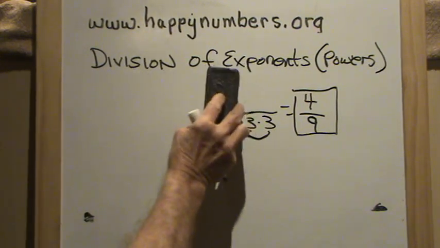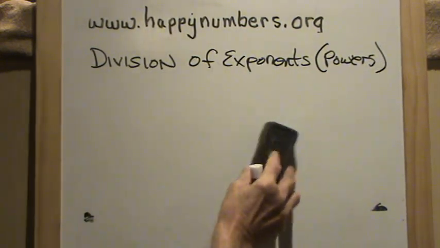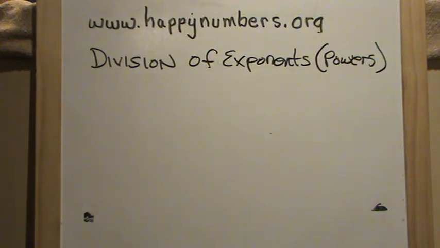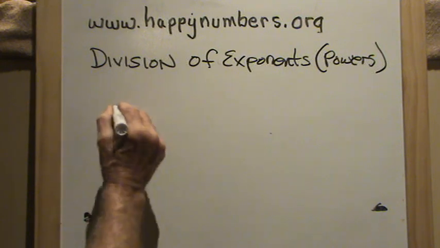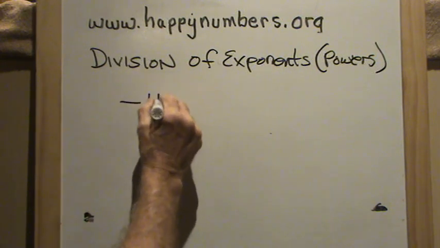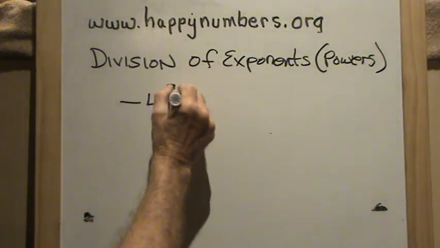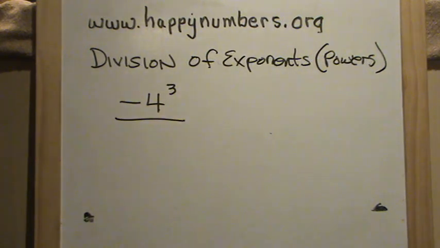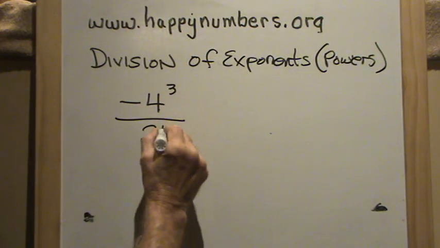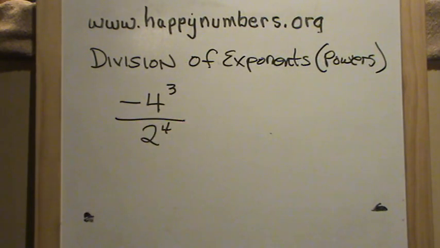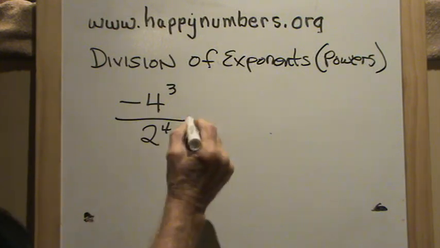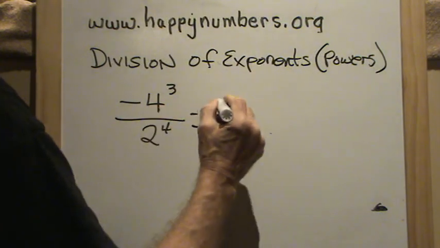Okay, let's take a look at another problem here. Let's take a look at negative 4 to the third power divided by 2 to the fourth power. Well, we know we expand it.